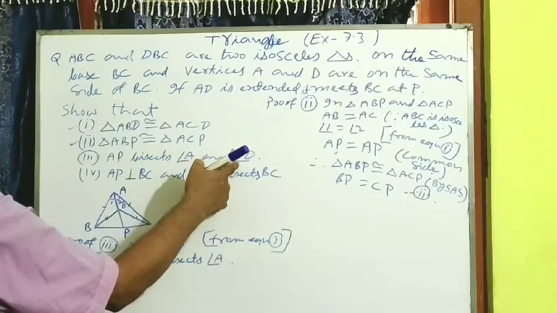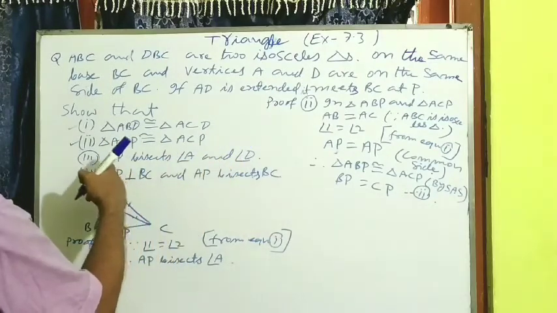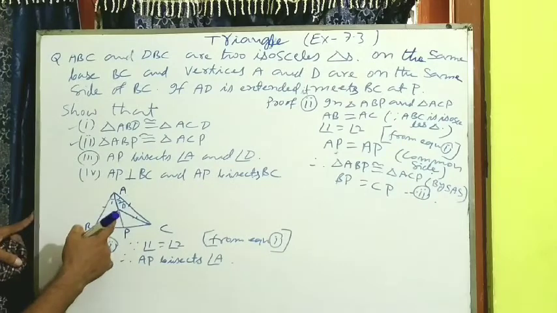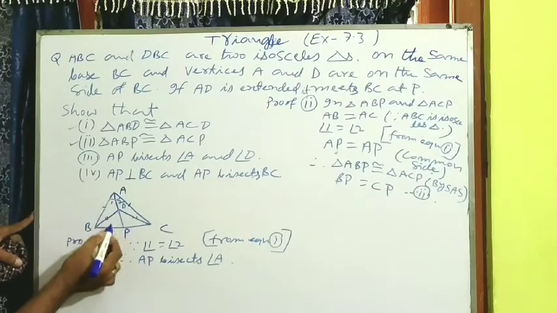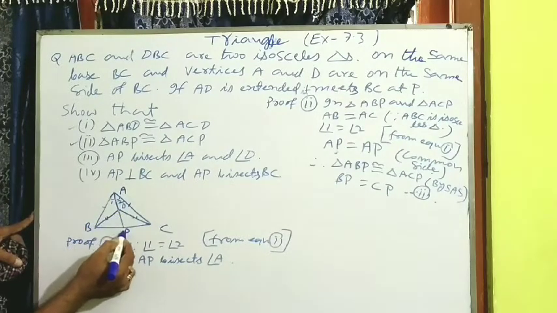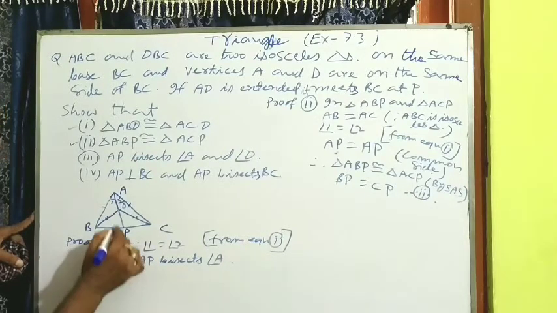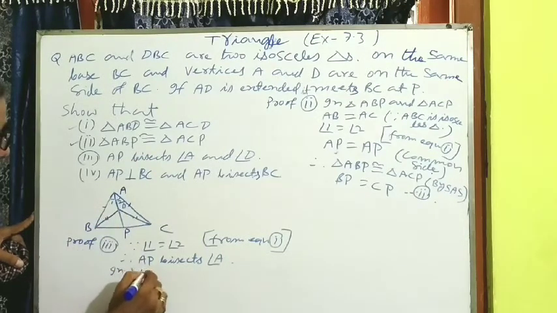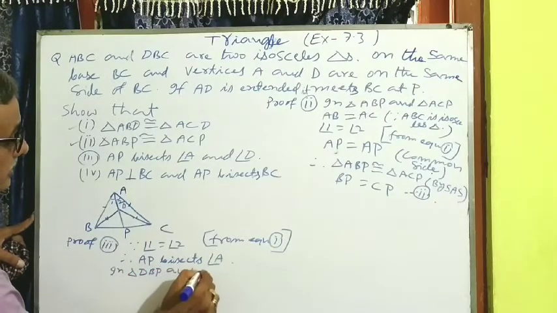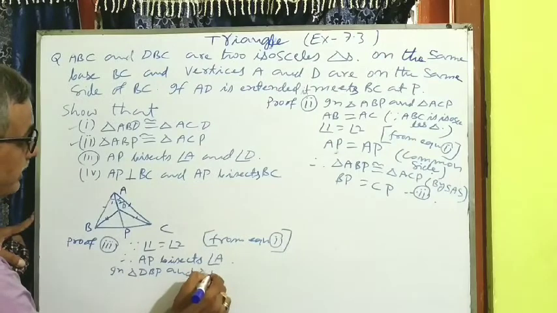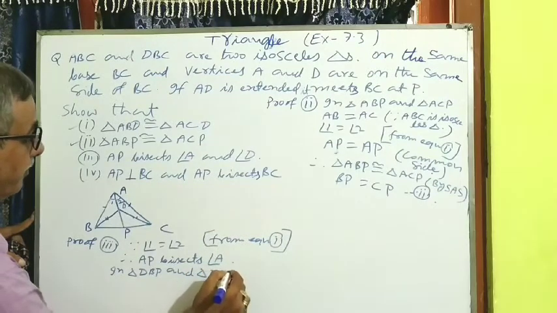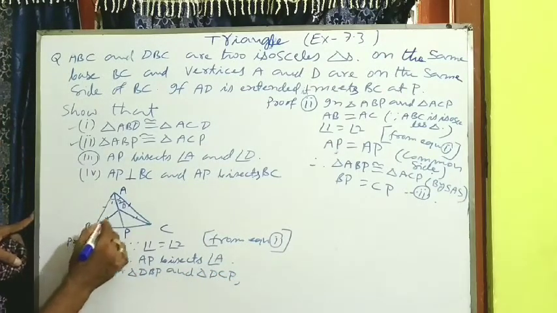Now I have to prove angle B is also bisected by AP. You consider triangle DBP and triangle DCP. What are the things you are getting?